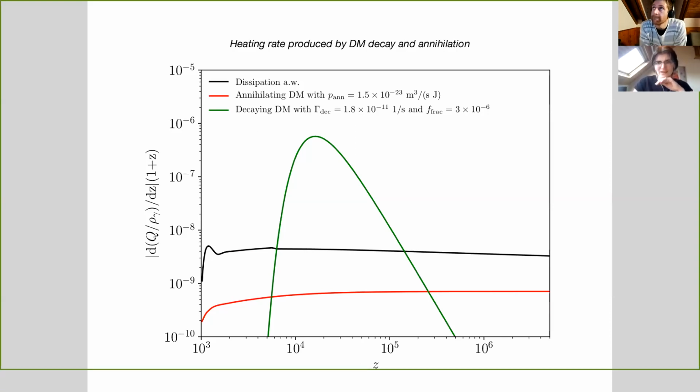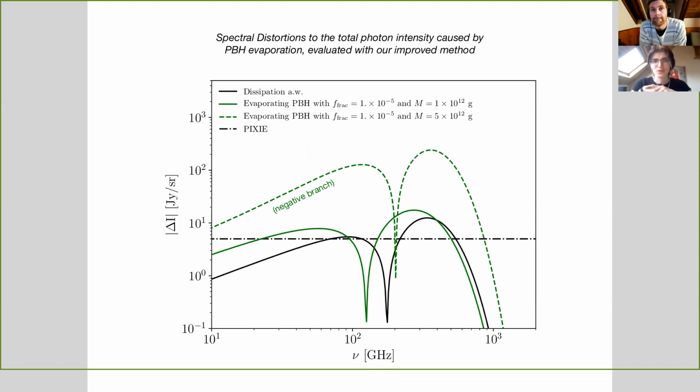And the other very interesting case we looked at is primordial black hole evaporation. Primordial black holes obviously have gained a lot of attention lately, and they are a really cool topic to work on. We focus on 2 main parameters of the primordial black hole: the fraction of primordial black holes that account for dark matter, and the primordial black hole mass, where we assume a monochromatic distribution.